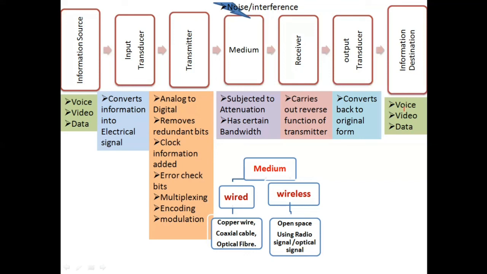Then finally that information is received by the user in the form of voice, video, and data. So this is the total process that takes place in the communication system.